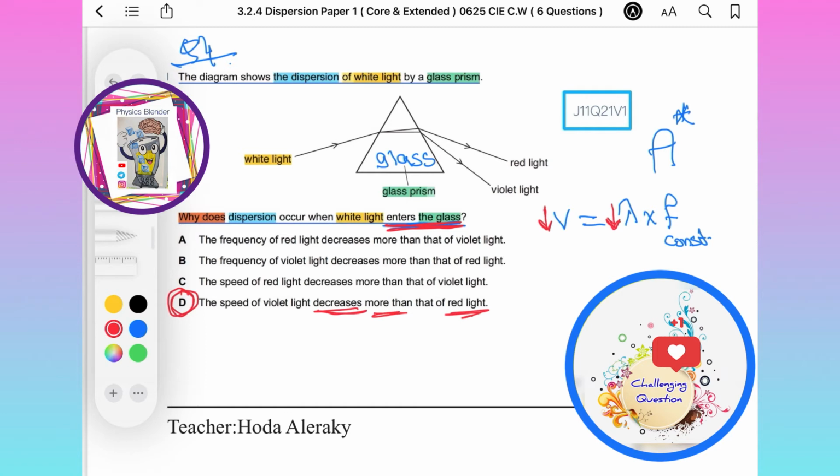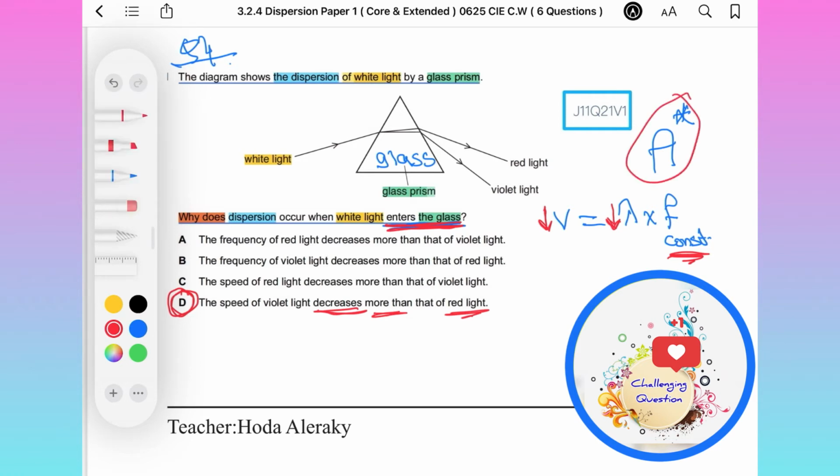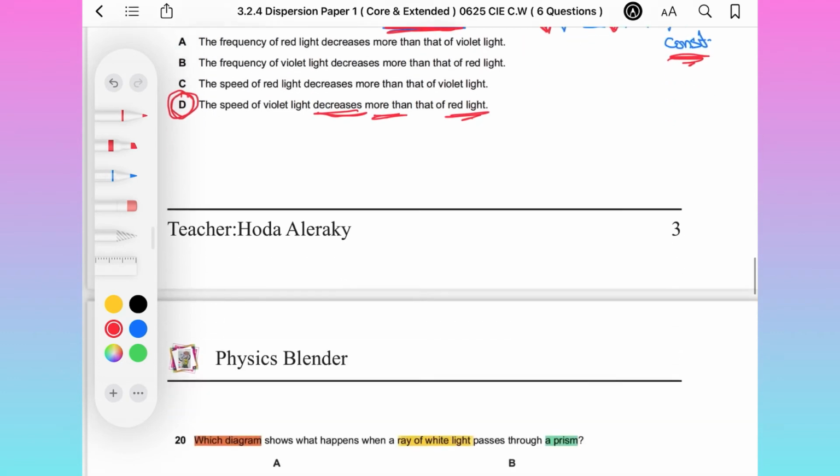So you can get the information from this question that the wavelength of red is more than the wavelength of violet. To make a fair comparison, the frequency is constant. Is it clear? This question is challenging and very important.